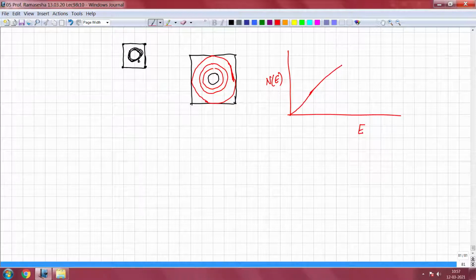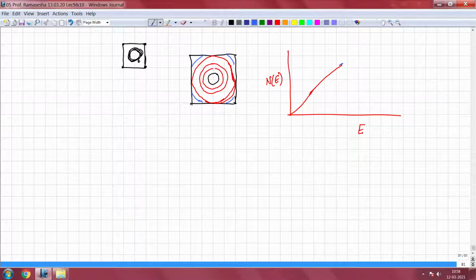But when I go to a certain energy where the circle or the annulus touches the edges of the square, that is the maximum point. After that, the region which contains the states within the zone reduces. It is only parts of the circle, not the full circle.